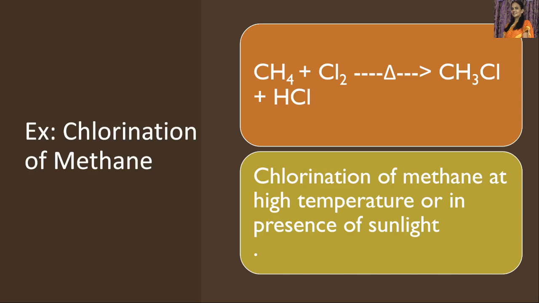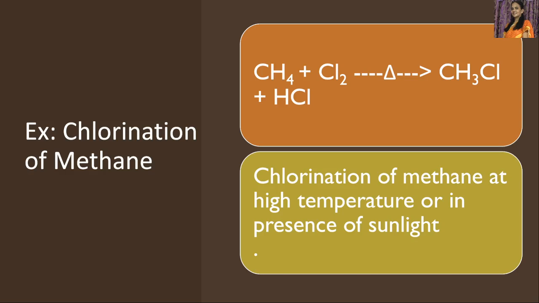If we consider this reaction, this is methane. It combines with chlorine in presence of sunlight. Delta means heating or high temperature, heated to high temperature or in presence of sunlight. Then one hydrogen atom is replaced by a chlorine atom to form methyl chloride, and the other product is HCl.